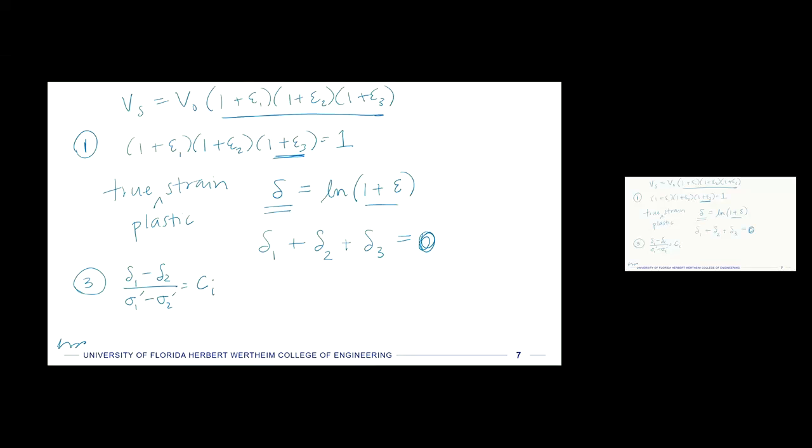So we can rearrange that and write sigma 1 prime minus sigma 2 prime times the constant is equal to the difference of the principal plastic strains.